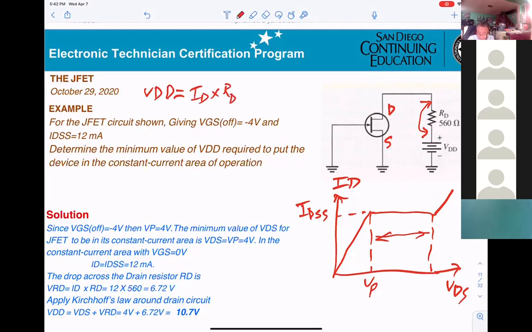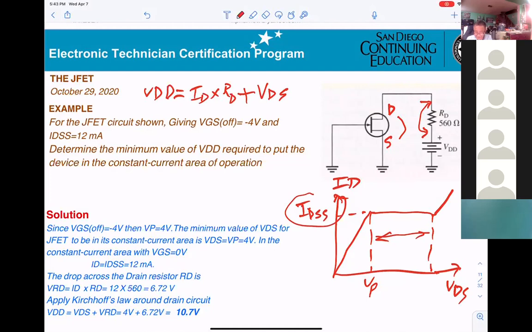And also you need the voltage here, let's call it VDS. So in order to solve the problem, you need to know what ID times RD is. ID is supposed to be ID at S, so you can get IDSS times RD.